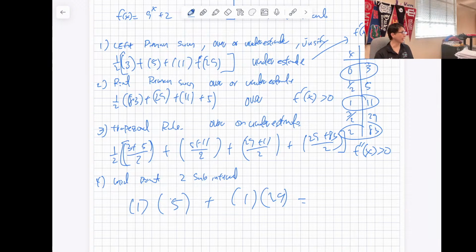Now, is this over or underestimate? Well, the truth is, it's not clear enough to justify anything. Midpoint is the only way. The only thing is they cannot really clearly justify. If you really calculate it, it's under everything else, I believe, because you use 5 and 29, and you are gonna be way under compared to everything else.